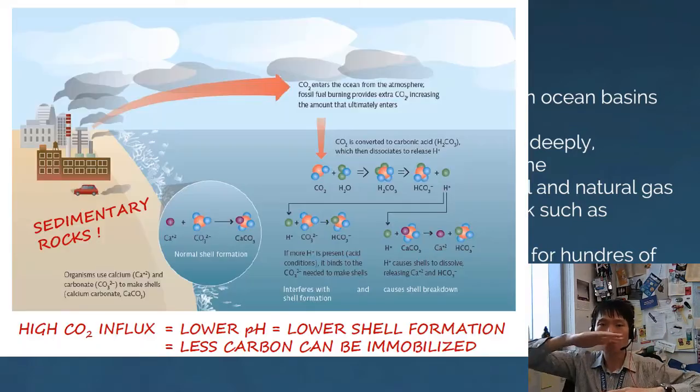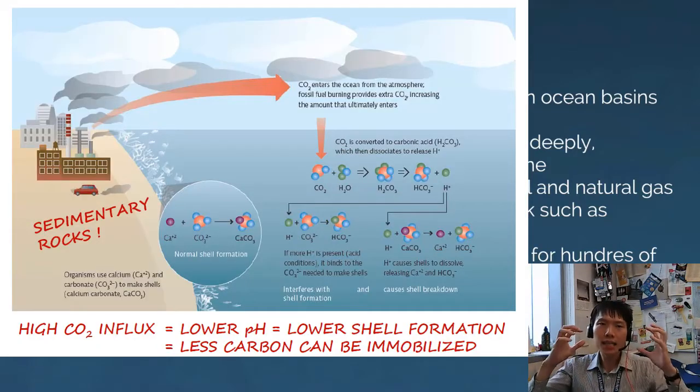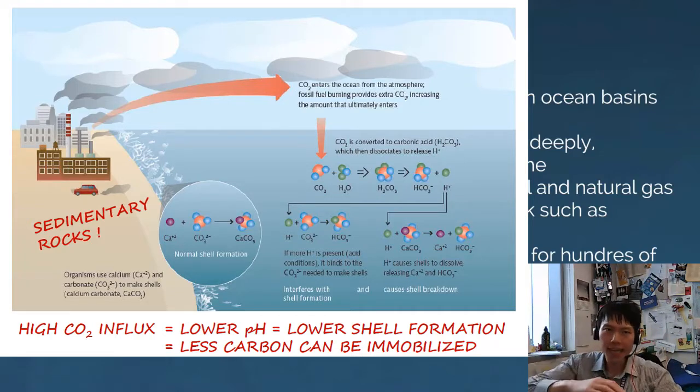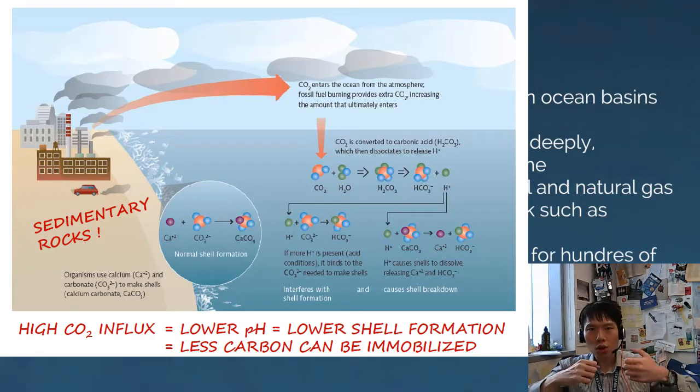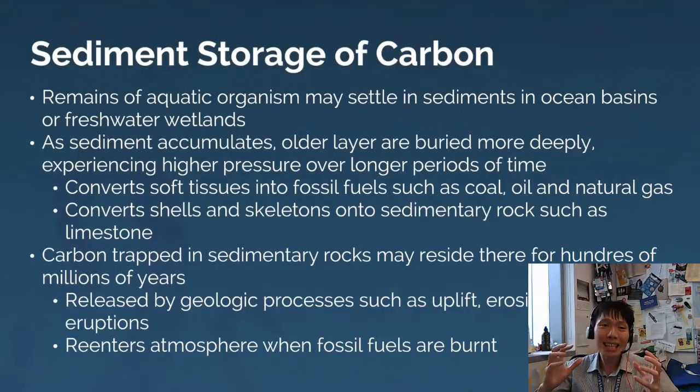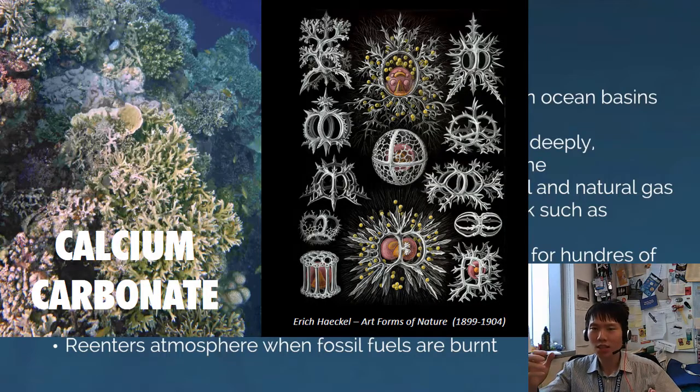These conditions of high pressure and stacking convert soft tissues into fossil fuels such as coal, oil, and natural gas, and can turn shells and skeletons into sedimentary rocks such as limestone, calcium carbonate, CaCO3.